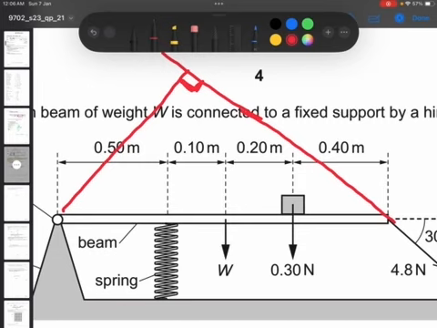So remember, a force is a vector. When we're talking about the perpendicular distance from the force to the pivot, we are considering the force itself, which is a vector: its magnitude and its direction. So if I'm saying a perpendicular distance from the force, we are actually talking about a distance which makes 90 degrees to the direction of the force.